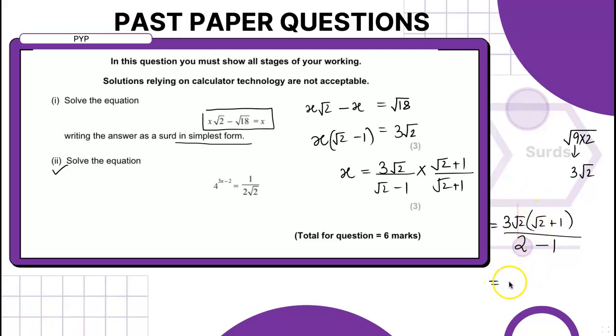If we expand the top thing, it would be 3 root 2 times root 2 will give us 6. Hope that makes sense. Root 2 times root 2 is 2. Times 3 gives us 6. And 3 root 2 times 1 is 3 root 2 over 1. So yes, the final answer comes 6 plus 3 root 2.